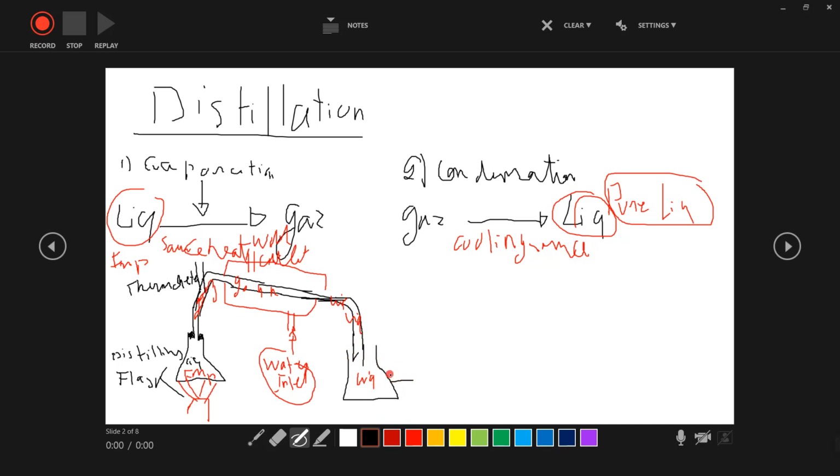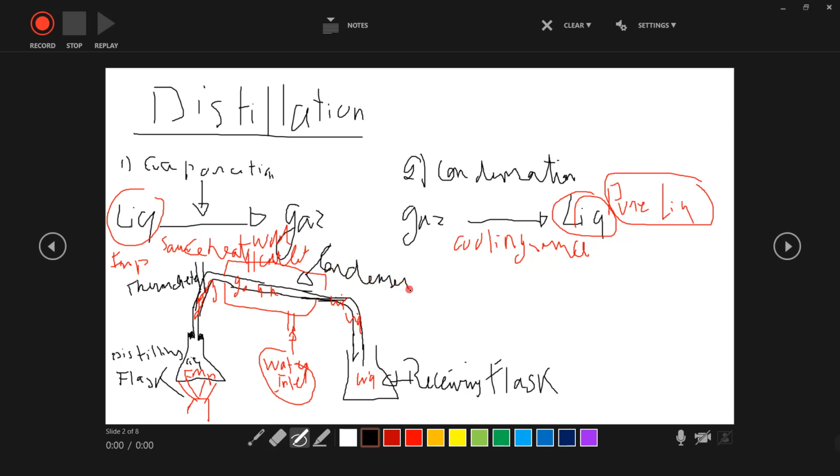We'll call it the receiving flask, meaning the flask in which we receive the liquid. And like this, our second step has finished. The gas, by a certain cooling source, the water jacket here, will be converted into liquid that will be received in this receiving flask. All this part is called the condenser.